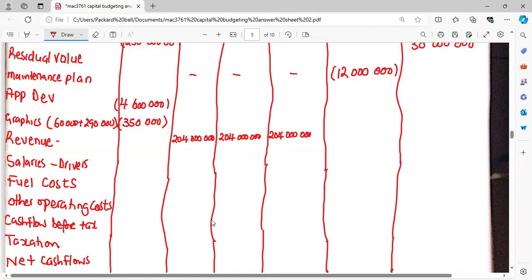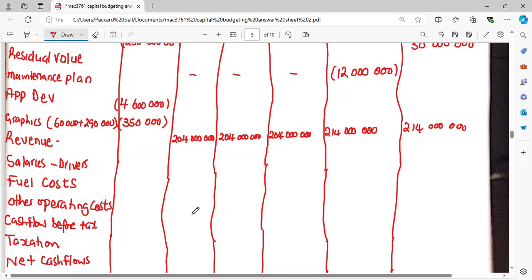One, two, three. So year 4 is when we have 214, and year 5 as well. Right, so that's the revenue, and we'll be done with the revenue.